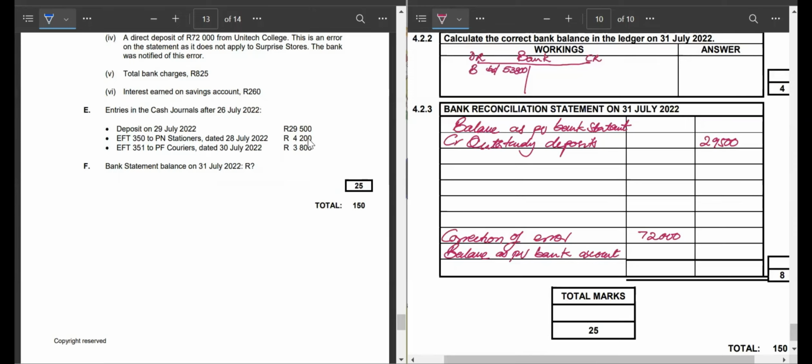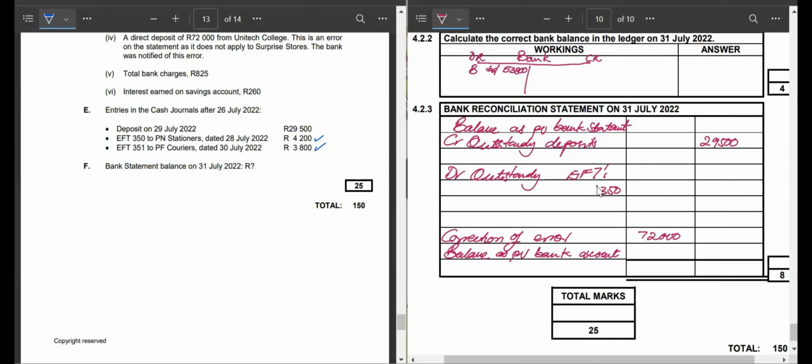The amount is 29.5. And I have 2 EFTs, so I'm going to debit my outstanding EFTs. The first EFT is EFT number 350.